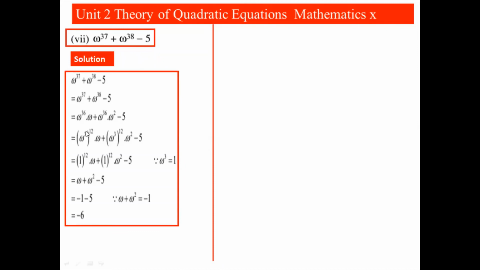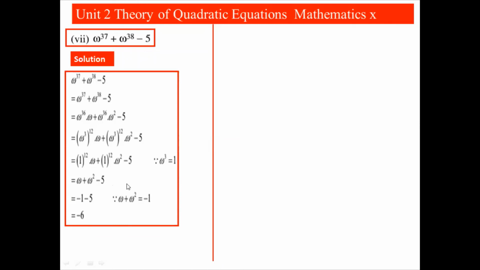We can write omega 36 as omega cube raised to power 12, and here also omega 36 as omega cube raised to power 12. Omega cube we know is equal to 1, so 1 raised to power 12 and here also 1 raised to power 12. So 1 times omega is omega, and 1 raised to power 12 is also 1, multiplied by omega square gives omega square, and the minus 5 we write as it is.